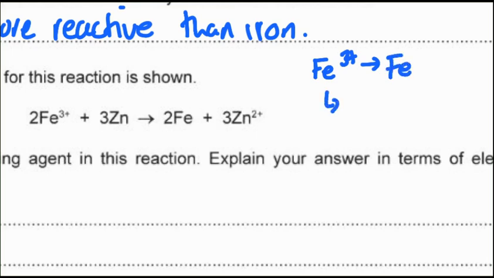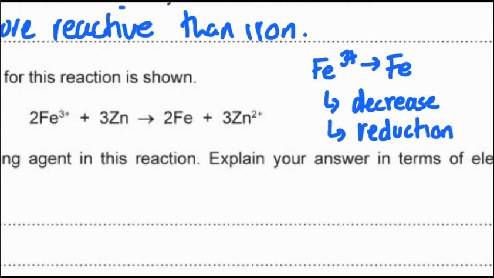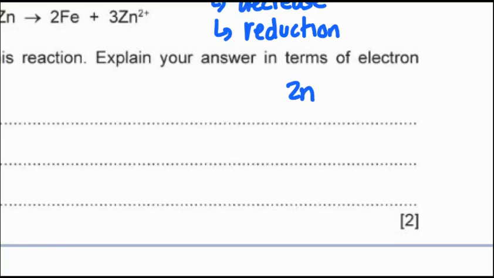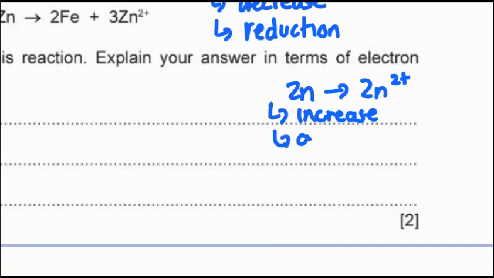That is a decrease in oxidation state. A decrease is reduction. By the same token, the zinc has gone from 0 to zinc 2+. That is an increase from 0 to 2+. Therefore, it must be oxidation.